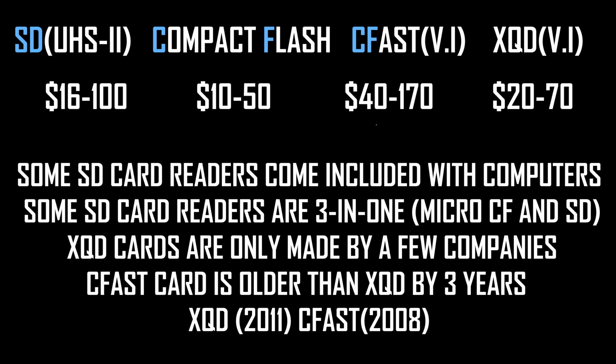A CF card reader is about $10 to $70, depending on which one you get, because usually all of them are all-in-one nowadays. The CFast card reader is a little bit more expensive, about $40 to $120. Like I said, a lot of times card readers are all-in-one, so that is included in the price. And for the XQD card, you're looking at $20 to about $70 to read those cards.